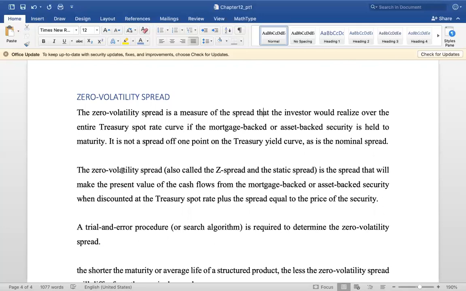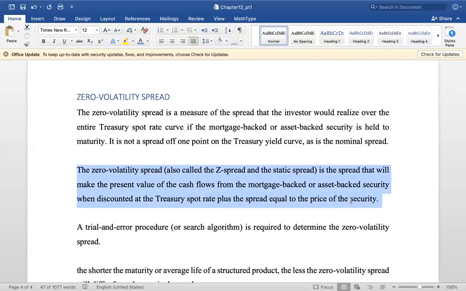So the zero volatility spread is the spread that will make the present value of cash flows from the mortgage-backed or asset-backed security, when discounted at the Treasury spot rate plus spread, equal to the price of the security. Remember, we discussed this previously as well.